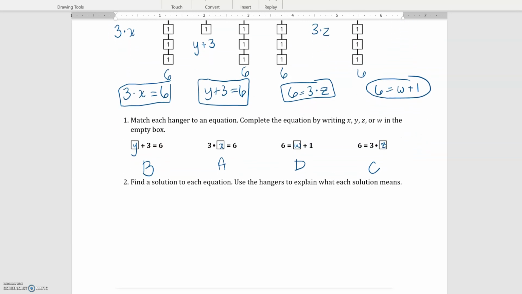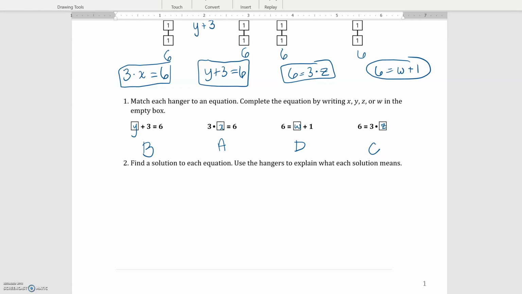So looking at our equations, it's now asking us to find a solution to each equation. So I'm going to write them all again. And you're going to review from yesterday's lesson what should be the solution to each one.